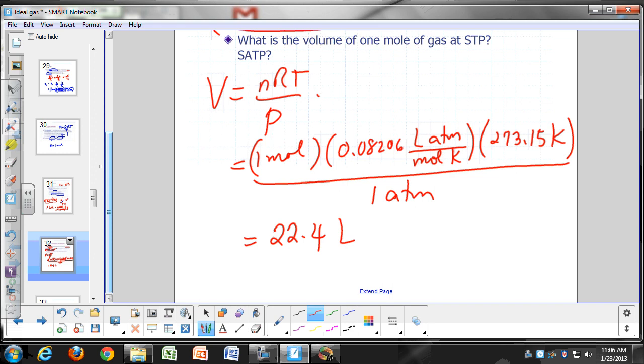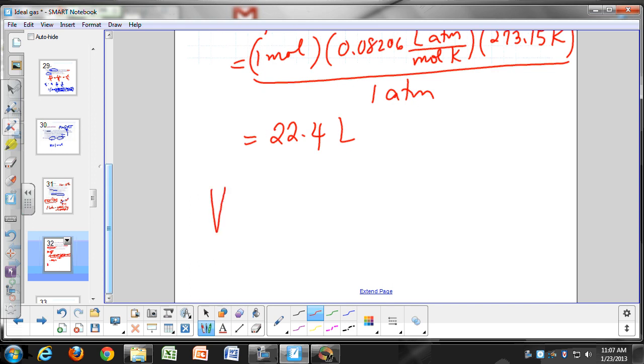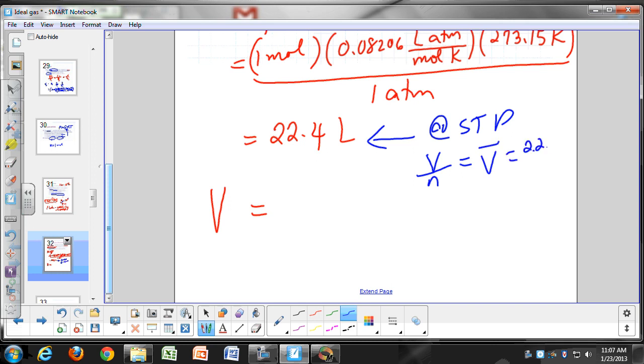So you can actually use that as a conversion factor to calculate moles from volume, provided your gas is at STP. Okay. So this is at STP: volume per mole, molar volume, also sometimes written as V bar, is 22.4 liters per mole.